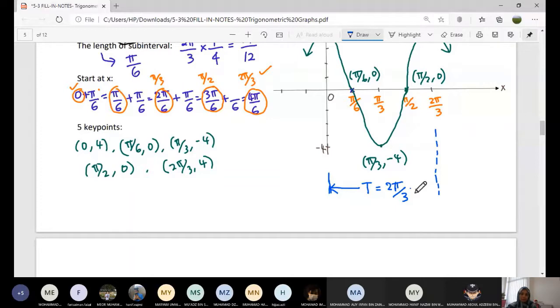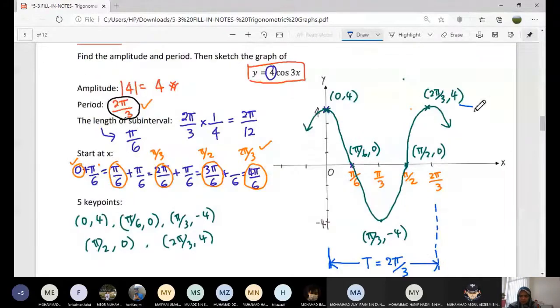This is the period, and for its amplitude, here this is your A, the amplitude which equals 4. Okay, then this is for the first graph, example 1: y equals 4 cos 3x.